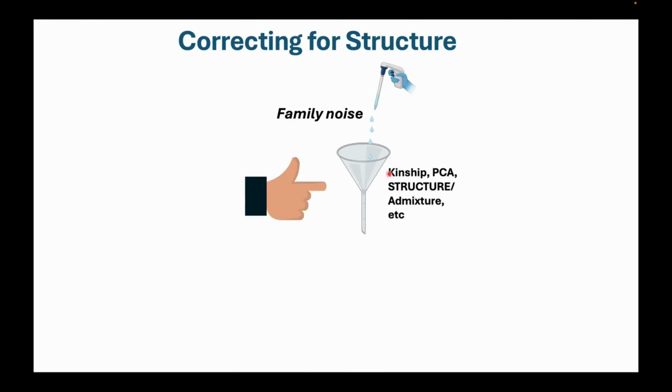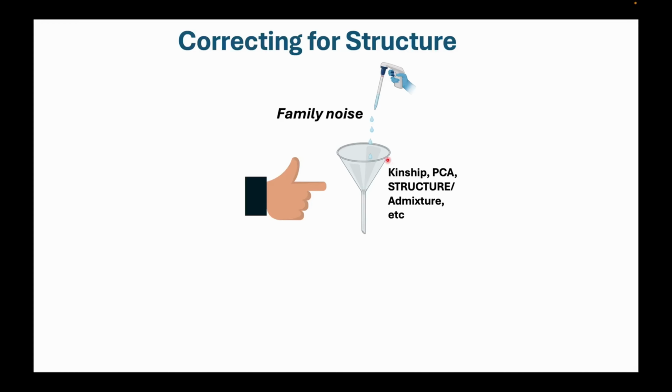So now, this brings the question of how to correct for population structure. There are several ways of doing this. One is building a kinship matrix, here represented by the funnel. What this matrix will do is quantify who is related or unrelated within your population.